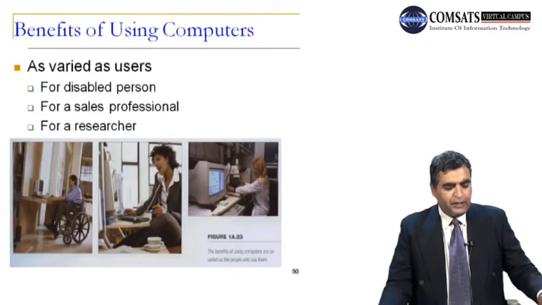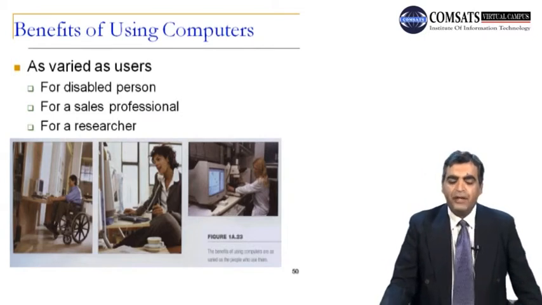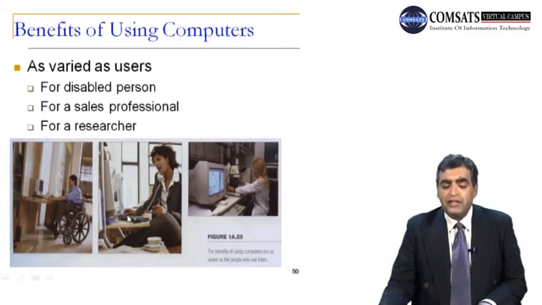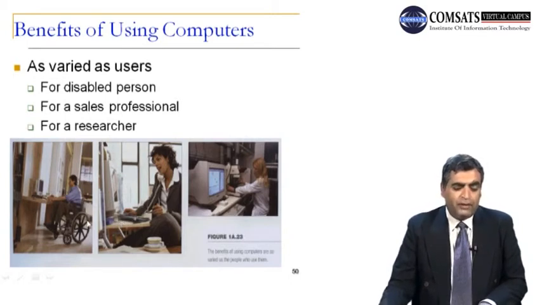The benefits of using a computer are as varied as its users. Let's see them in three persons: a disabled person, a sales professional, and a researcher. For someone with a disability, a computer may offer freedom to communicate, learn, or work without leaving the home.